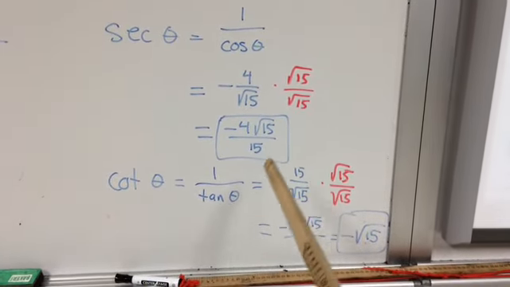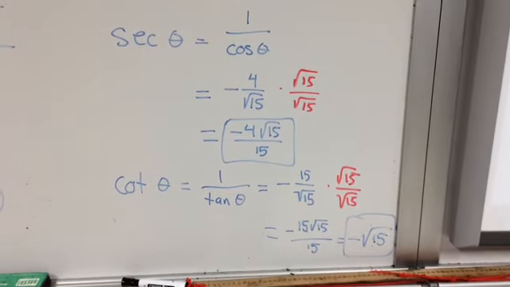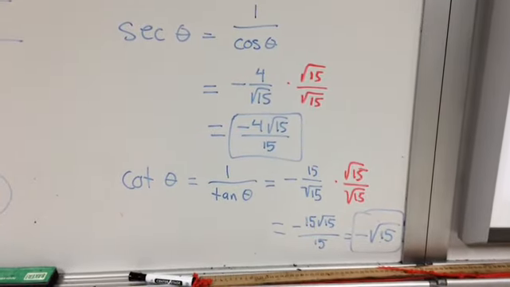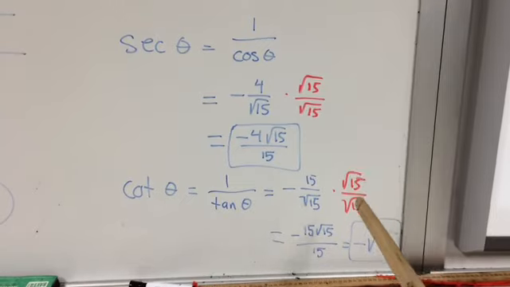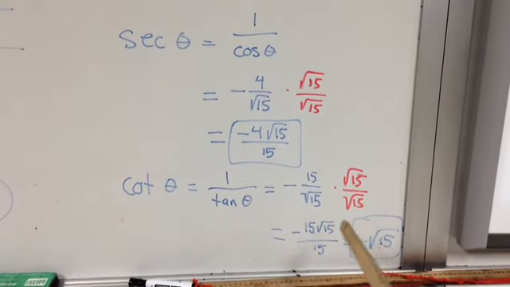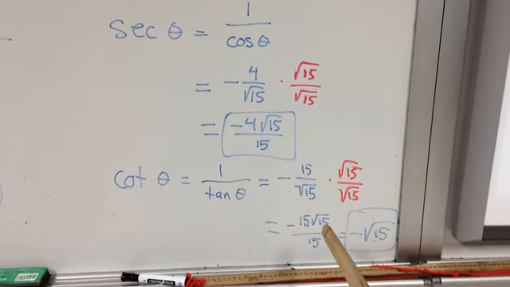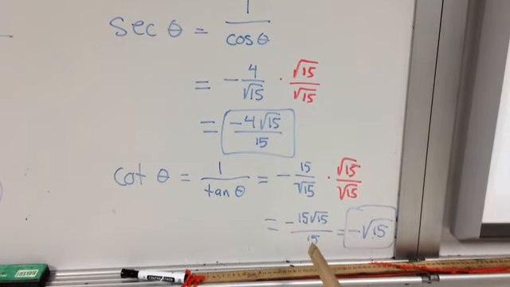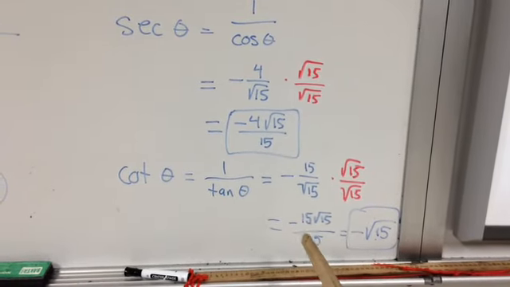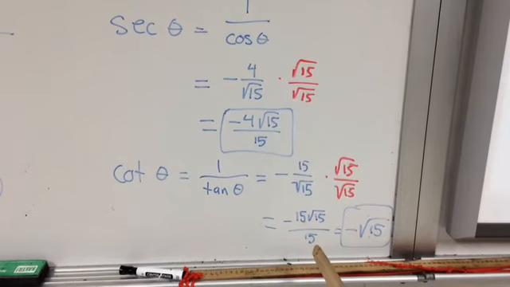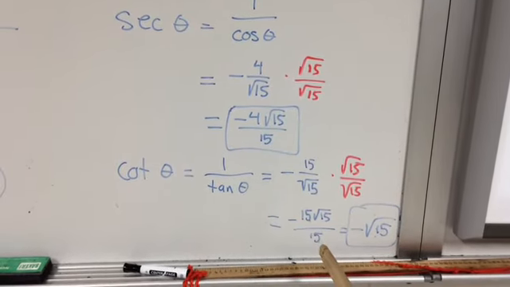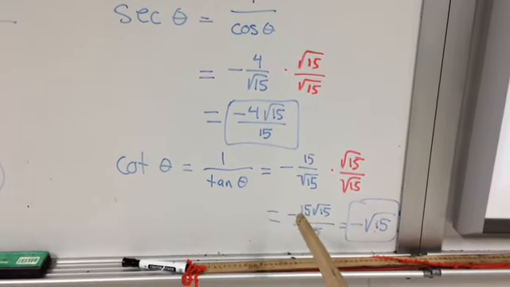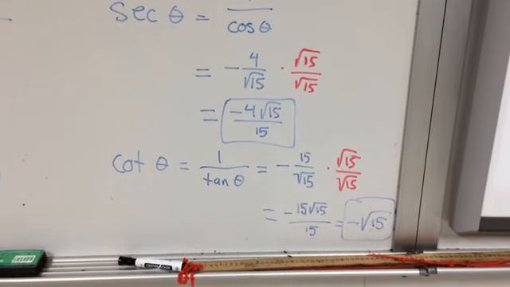So when I took the reciprocal of tangent, I got negative 15 over square root of 15. Again, we should rationalize, thus getting negative 15 square root of 15 on top divided by 15 on bottom. Notice that we can reduce the negative 15 and 15 here by canceling them out, leaving negative square root of 15.